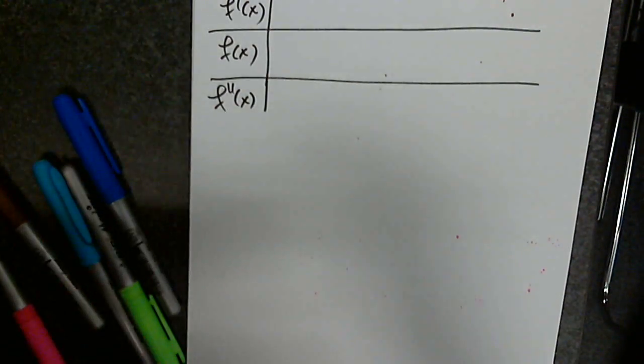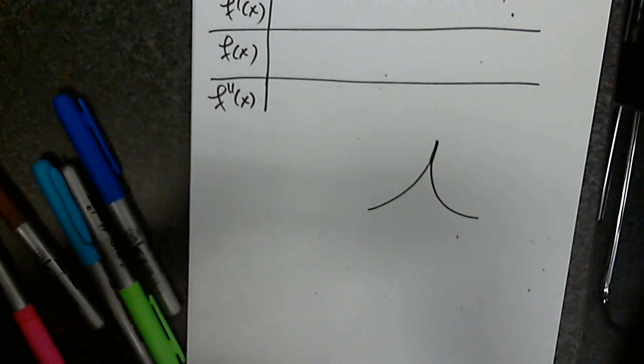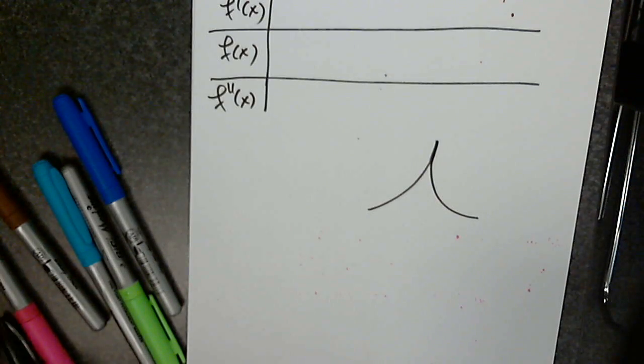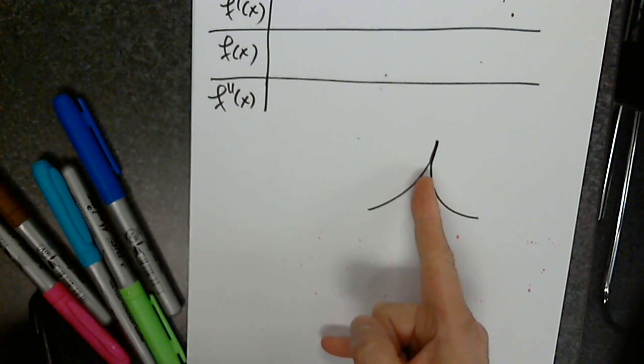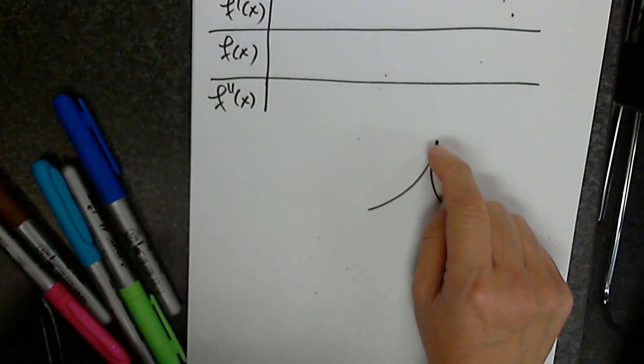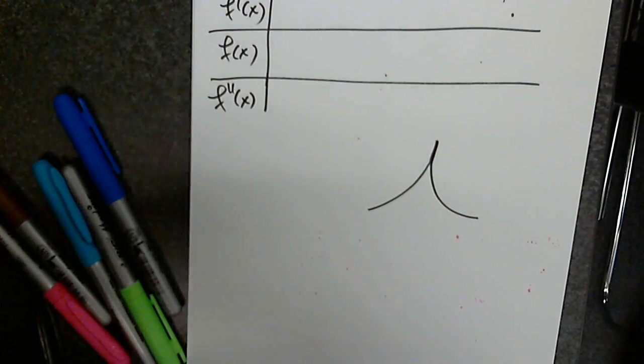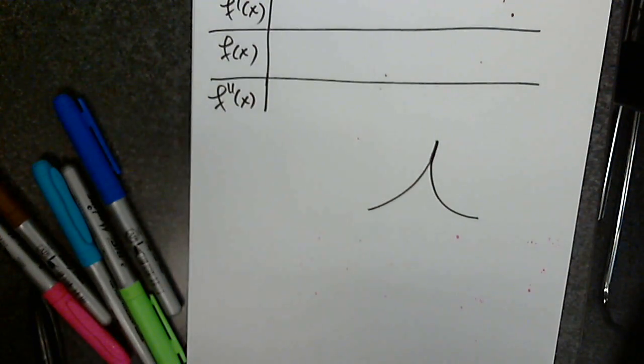So for example, this function is continuous, but it's not differentiable at this point. So it's not differentiable, but it still has a maximum at that point. So the derivative tells us whether the function has a max or a min when the first derivative is 0 or undefined.